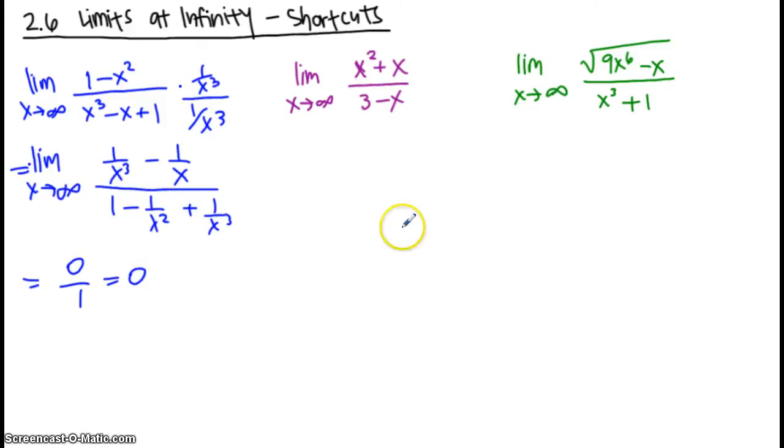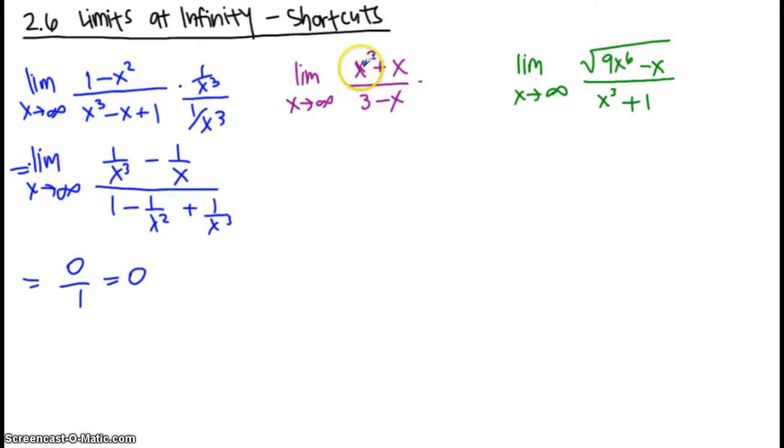The next one I'm going to do is this one, where the numerator is higher than the denominator. Now in this case, it's tempting to multiply both top and bottom by 1 over x squared, the highest degree in the entire fraction. However, if you do that, the highest degree in the entire fraction will make the other side equal to 0.